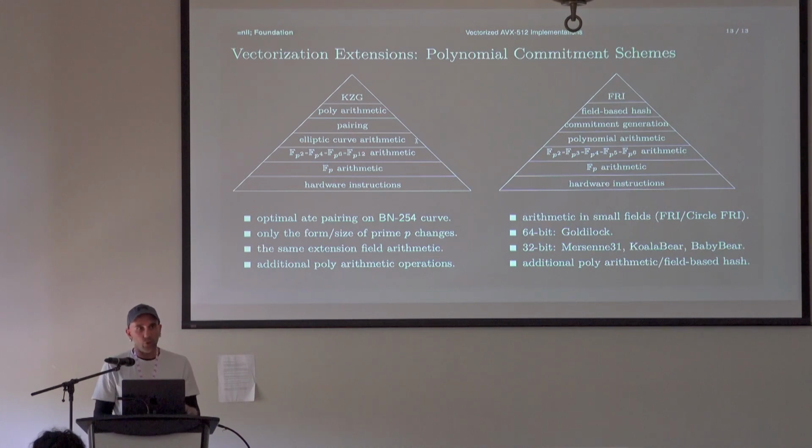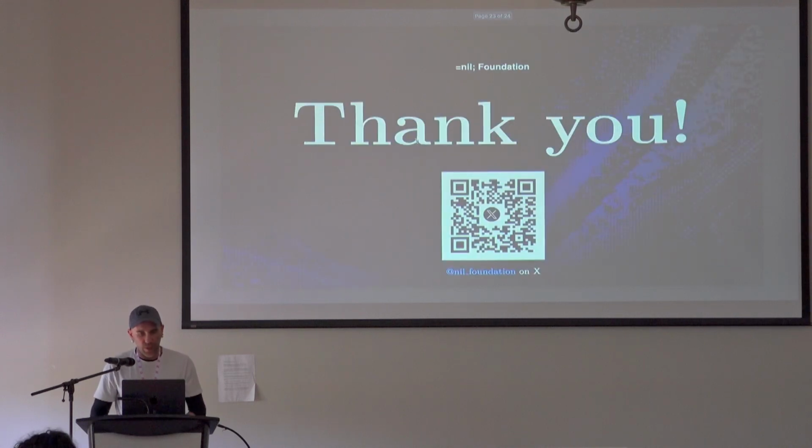But you still need to do operations in extension fields. And you also need to do polynomial arithmetic, scalar multiplications. So these are all things that we are planning to investigate, how we can use our vectorization to improve the performance of FRI. And yeah, that would be all.